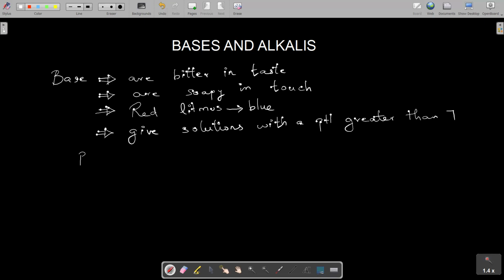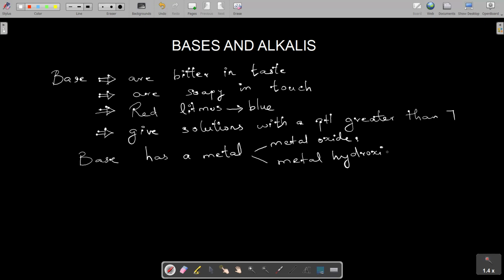Now, the other thing that you need to know is that a base has a metal. Now, these metals could be metal oxides. Bases are metal oxides, or they are metal hydroxides.